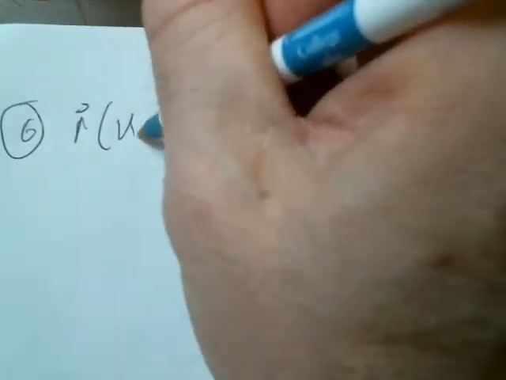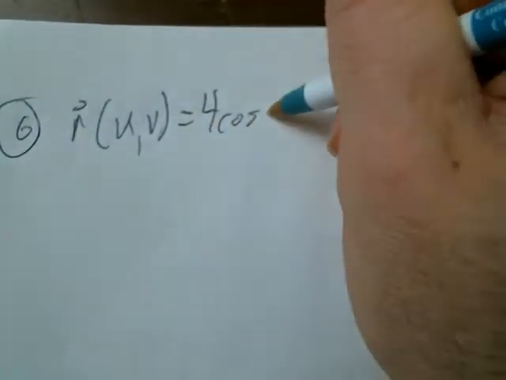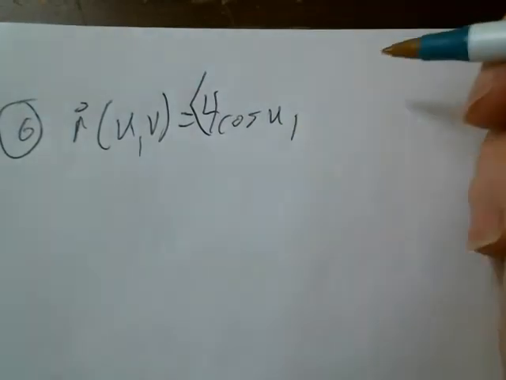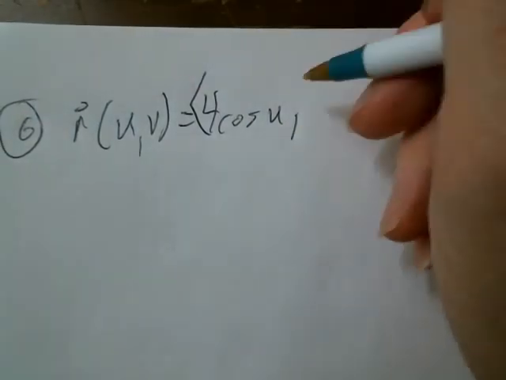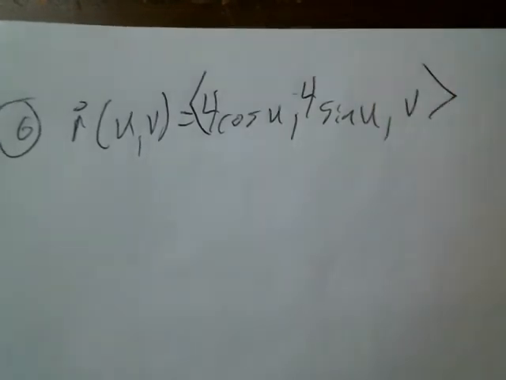So number 6. I didn't do number 1 because it's not obvious, but you could by process of elimination kind of figure it out, and really we're not going to need to do that one anyways, so you do it on your own, it ain't going to hurt you. So 4 cosine u, 4 sine u, and then v.